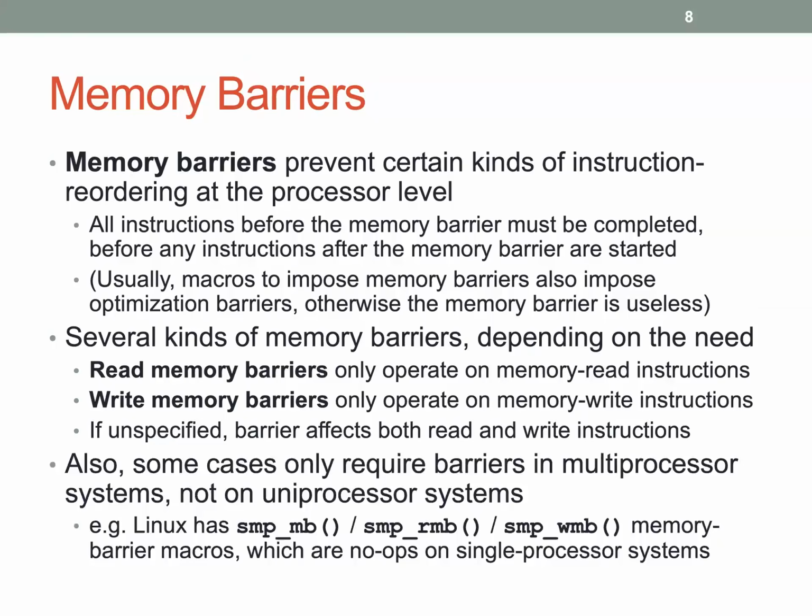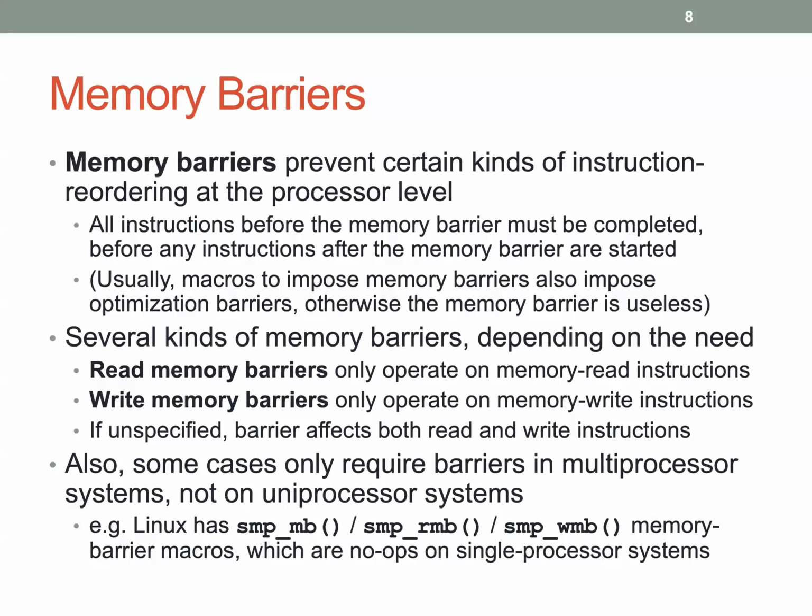This is a really interesting thing. You'll notice in Linux, especially if you're reading the Linux system internals book, that it talks about SMP, MB, RMB, and WMB. The SMP stands for symmetric multiprocessing. And the idea is these macros will insert a barrier if you are running on a multi-core system, but they will turn into no-ops if you're on a single-core system.